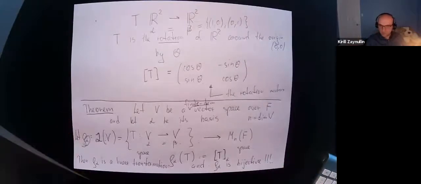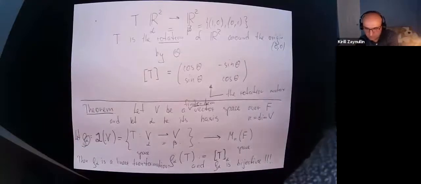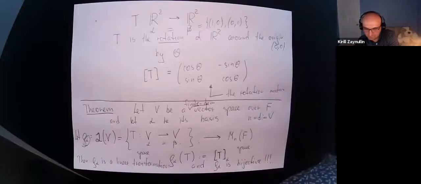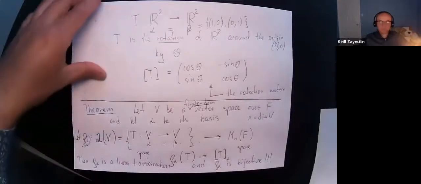Okay, so now, let me prove it. Proof. The matrix is a linear transformation by itself.